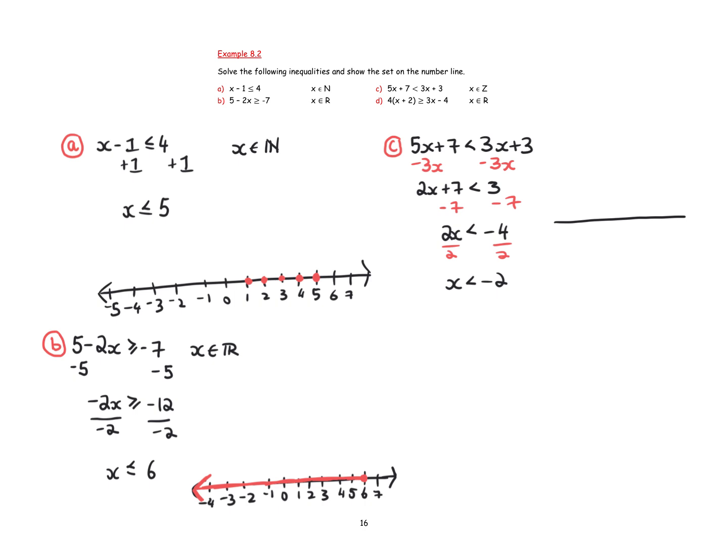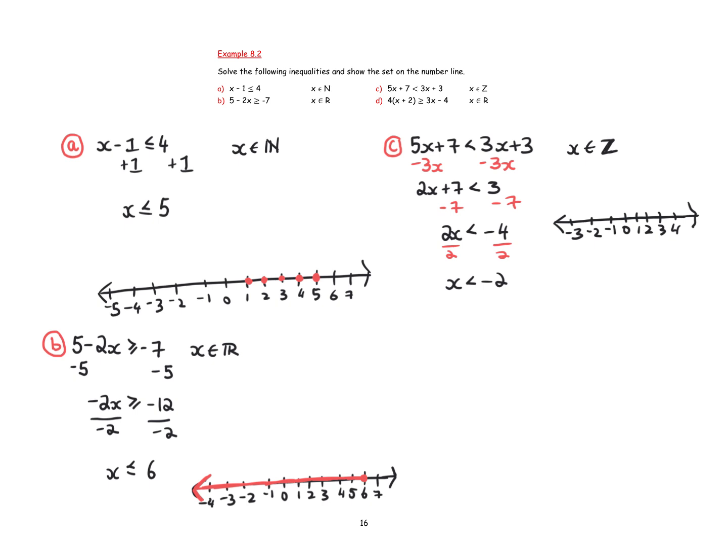Again, I'm just going to plot that on my number line. This is x is less than, and in this particular case we have x as an element of the integers.